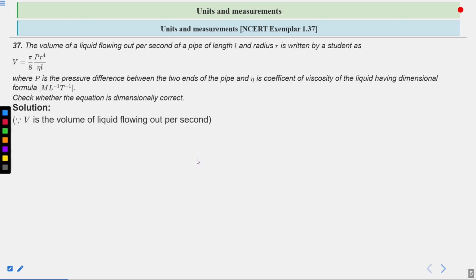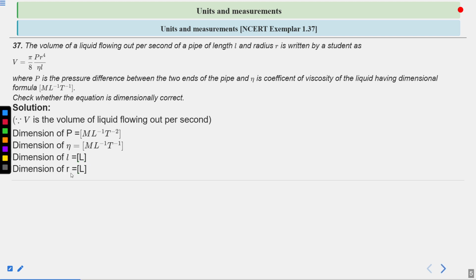Dimension of P is M L inverse T raised to the power minus 2. Dimension of eta is M L inverse T raised to the power minus 1. Dimension of L, meaning length, is L. Dimension of R is L. Now we will check whether the LHS and RHS are equal or not.